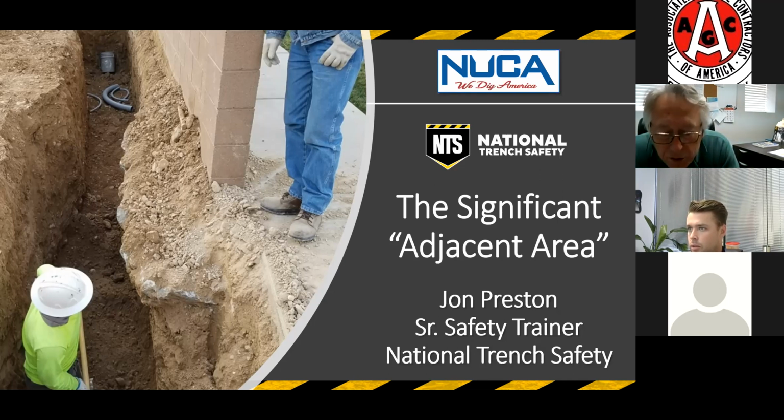I would be surprised if there is a manufacturer out there that does not require all pins to be in place. When trench shields are stacked, they must be pinned together. I believe that every manufacturer that I've seen requires that all of the pins are in place. And that would come from the manufacturer. OSHA does not address that.